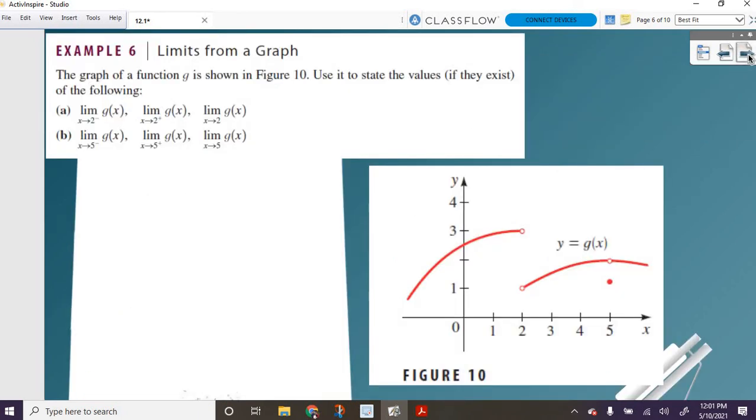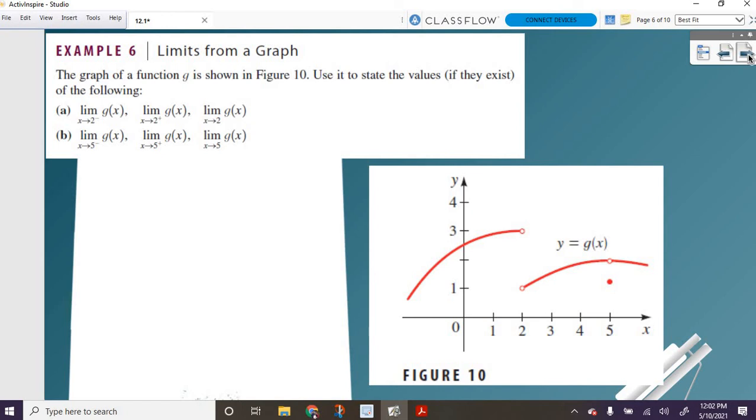So here we have g of x. We don't have the equation of g of x, we're just given the graph, but we can tell that our graph, if we did find the equation, it would have to be a piecewise function. Agreed? Yes, because we have multiple pieces on our graph.